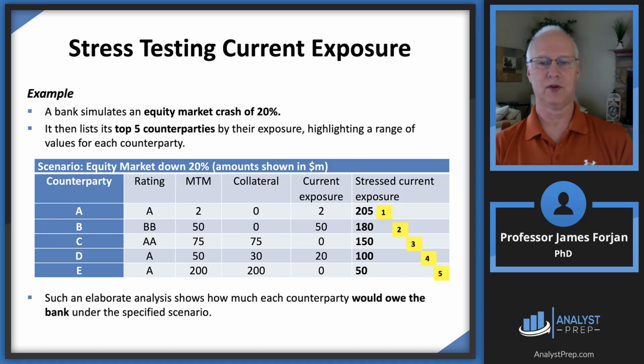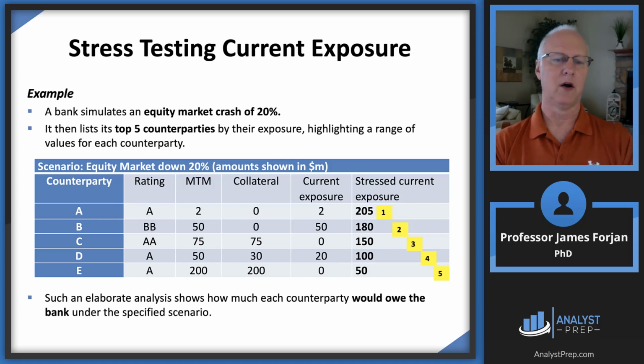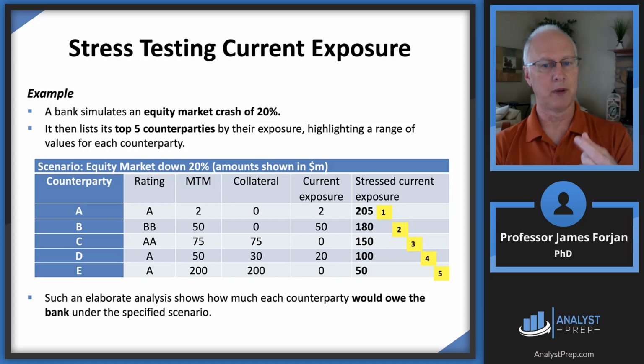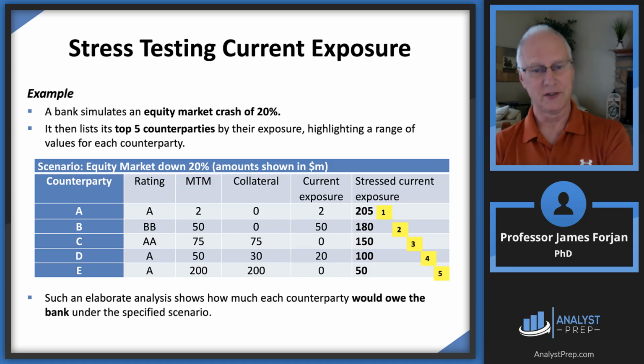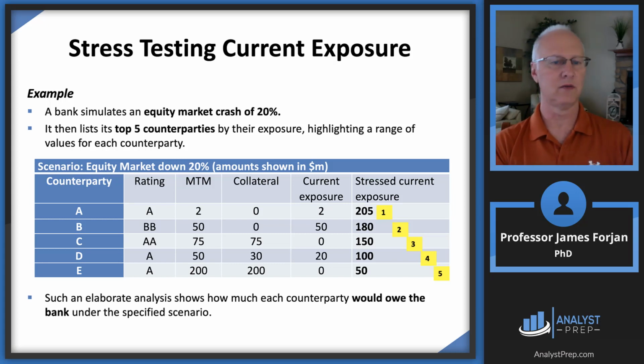Now this is interesting. You might think that looking at just the second column there, our non-investment grade bond, which has a positive mark to market and 0 collateral, right? So that's the most risky of all of the counterparties.